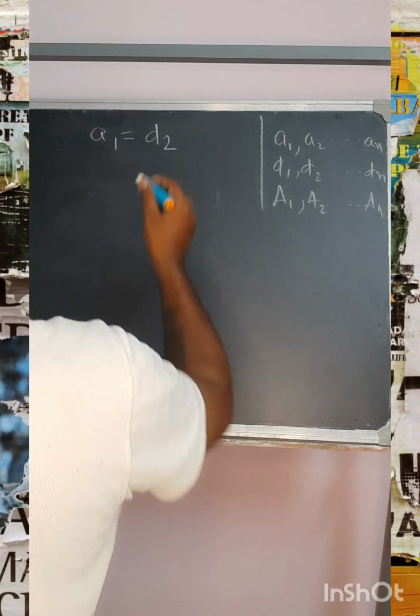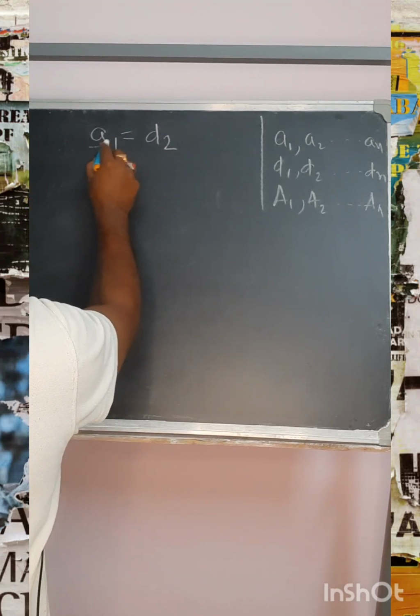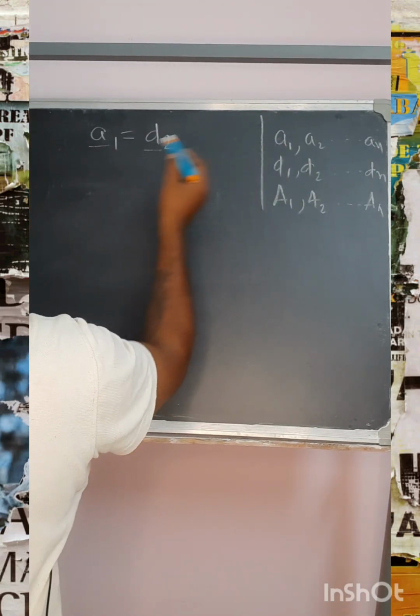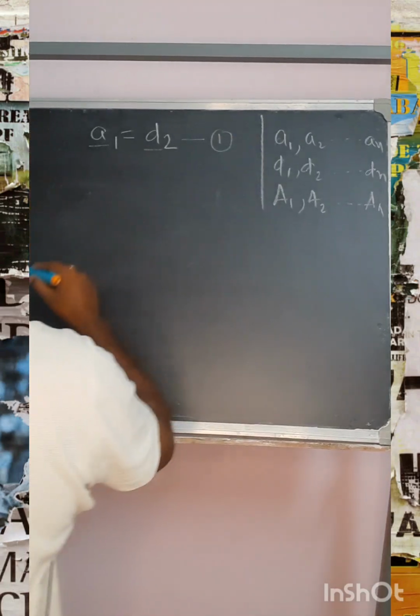As per the condition of this sum, the arm length of the first square is equal to the diagonal length of the next square.